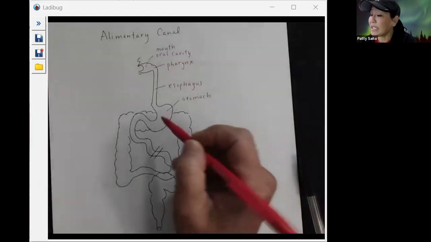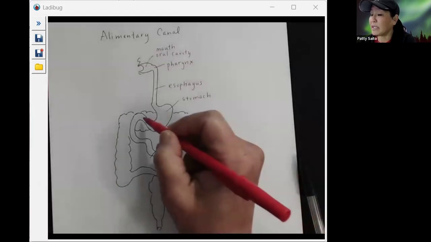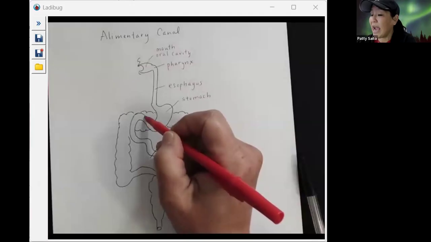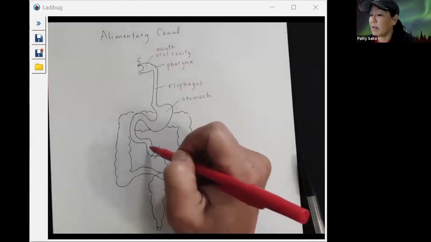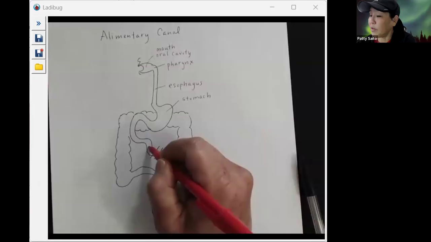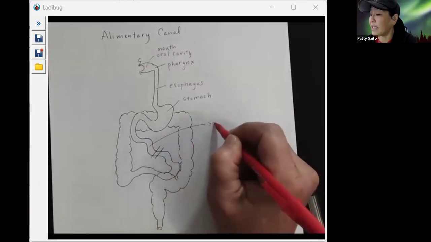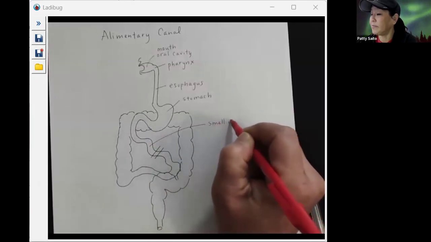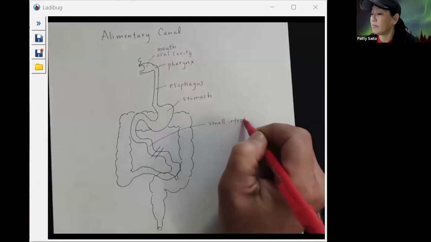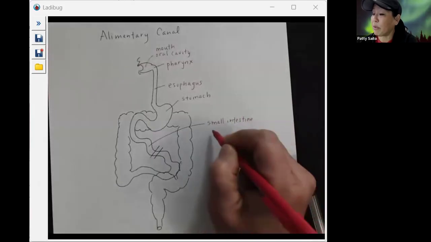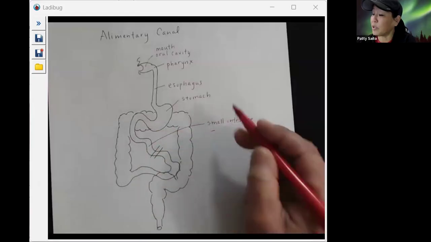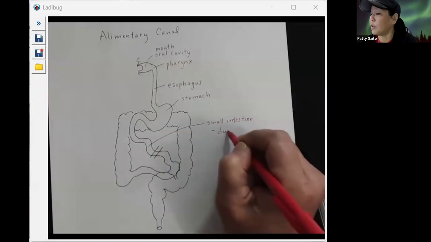Okay. And then we get to the small intestine. So the stomach ends around here. And then we have the small intestine. So I'm going to do this and say small intestine. And it's made up of 3 parts. The first part is very short, called the duodenum.